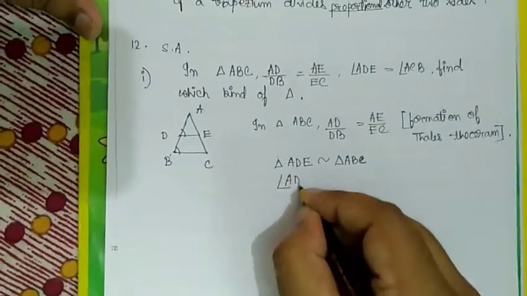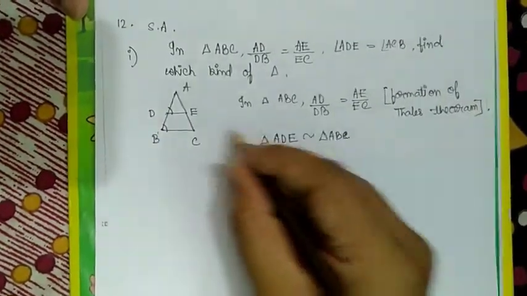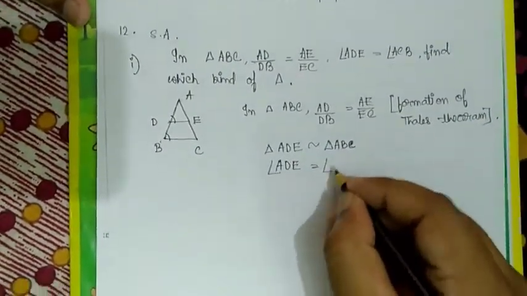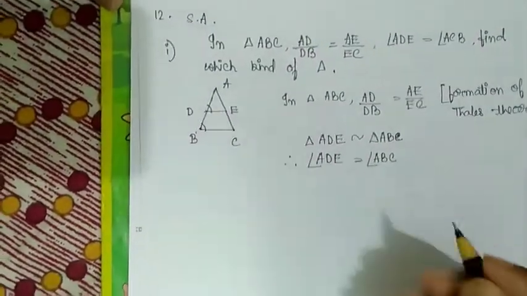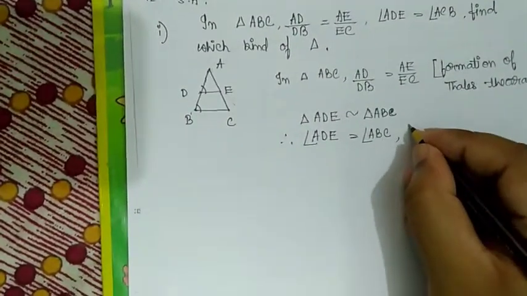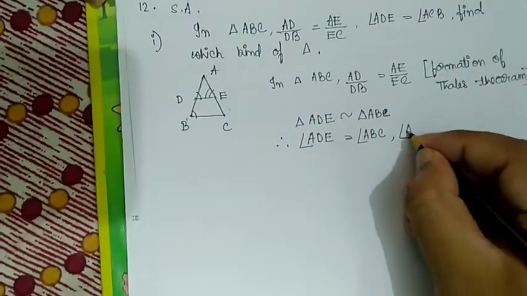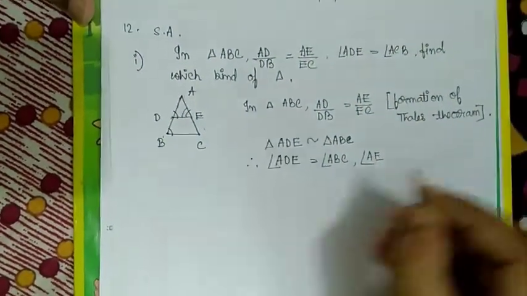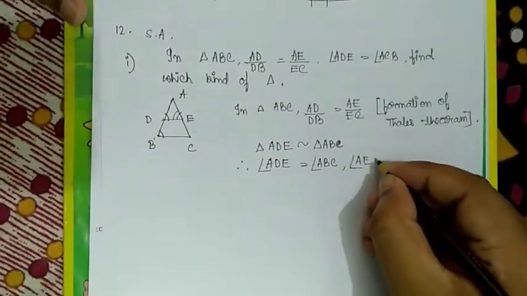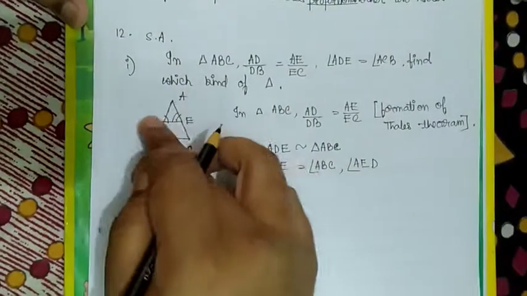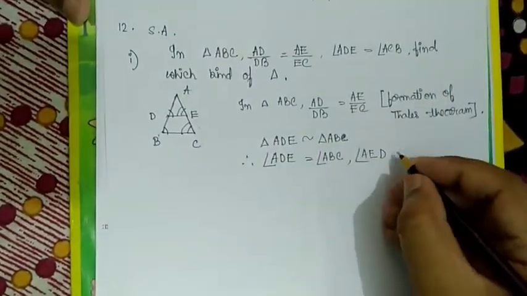Angle ADE equal to angle ABC, and angle AED equal to angle ACB.